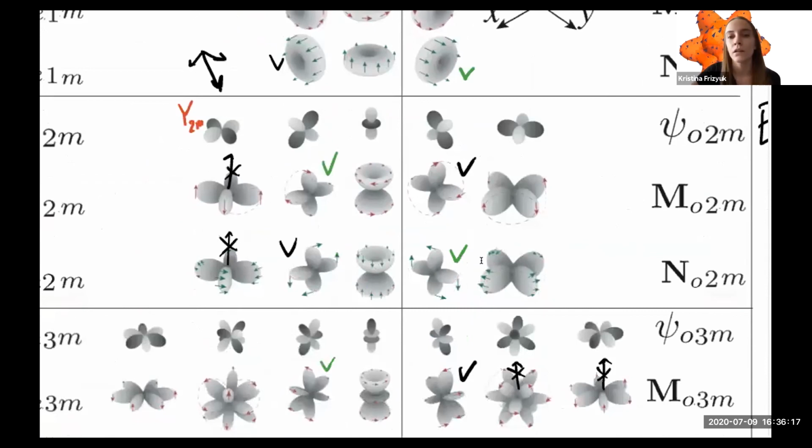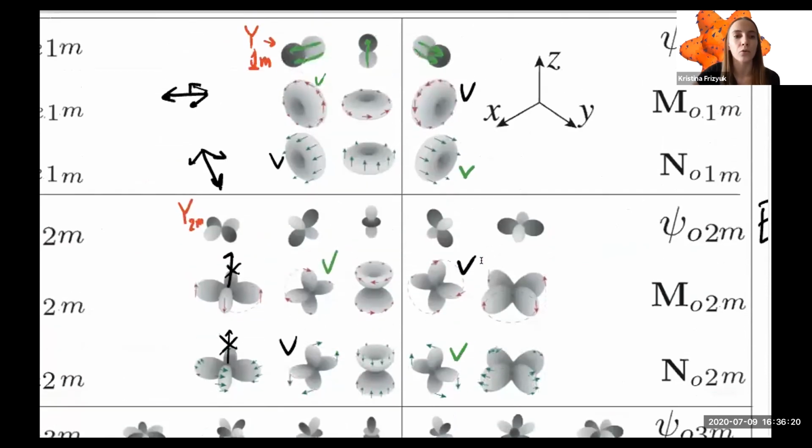What's more, it reflects the behavior of the electric harmonics and the scalar functions under reflection of phi into minus phi, because electric harmonics will be odd if they are odd, and scalar harmonics will be odd if they are odd under this reflection.